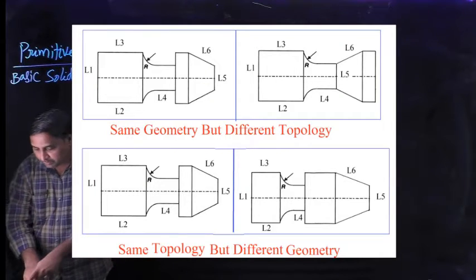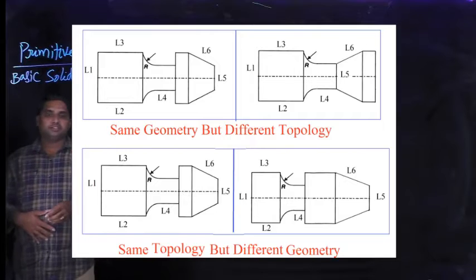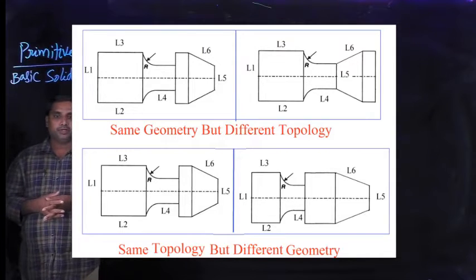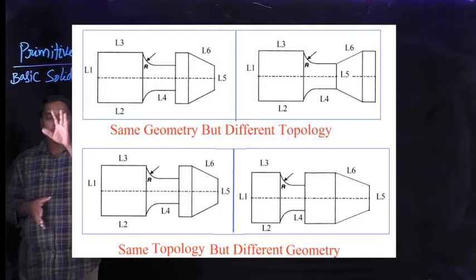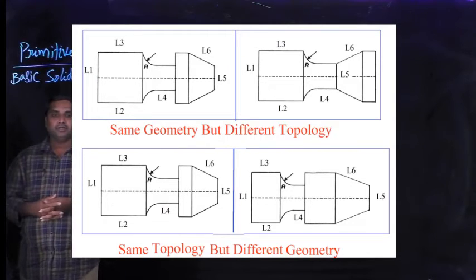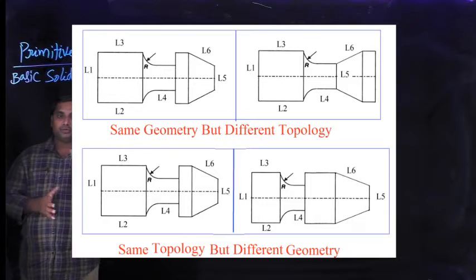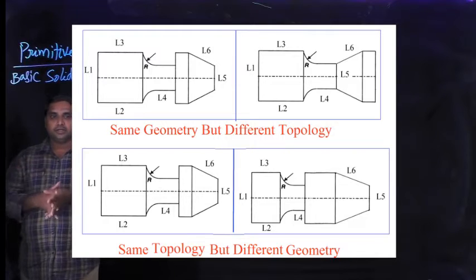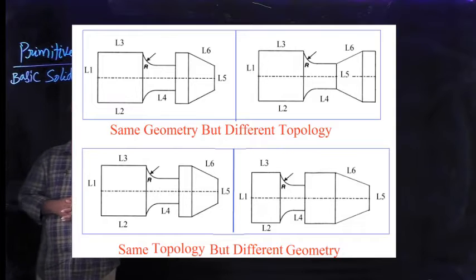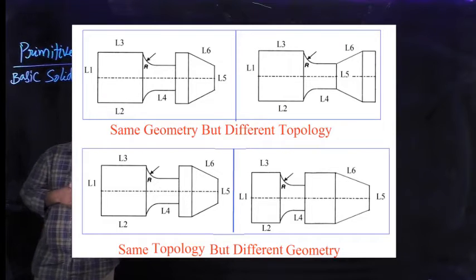This is one example showing the difference between geometry and topology. Go for the first top left corner diagram. If you compare the left and right diagrams, their geometry is the same but the topology is different. How can we say the geometry is the same?